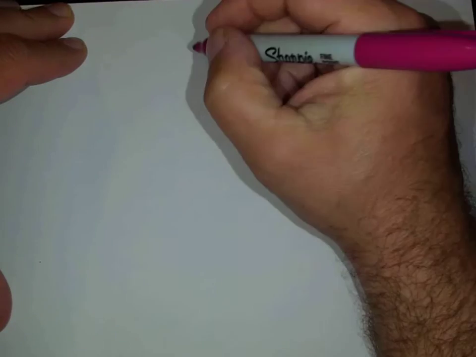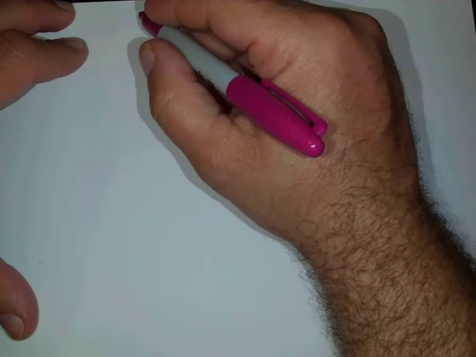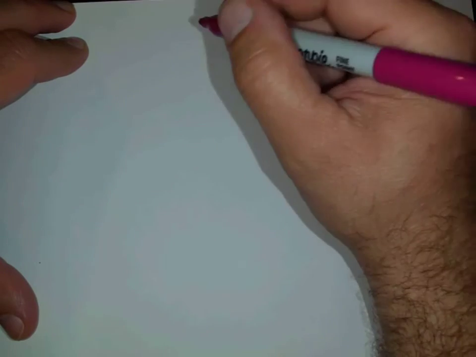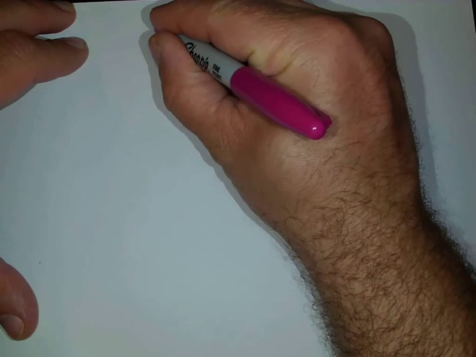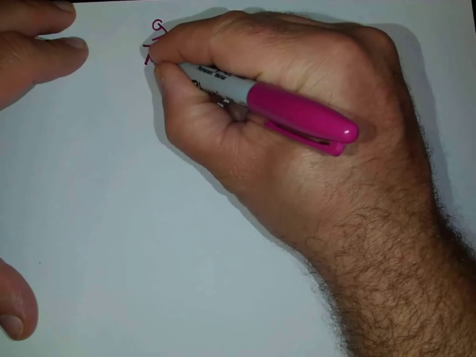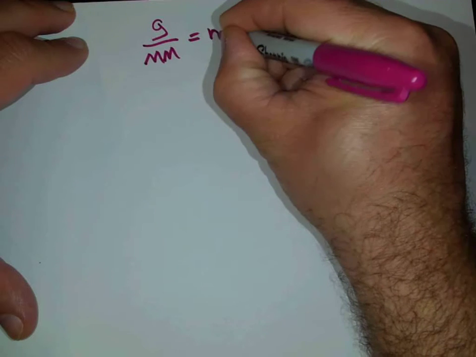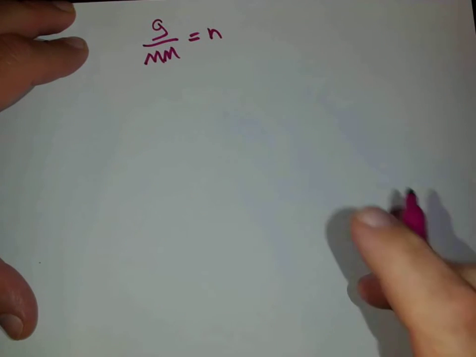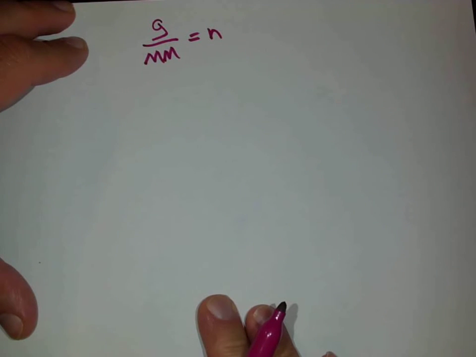All right, so I'm just going to talk for a couple minutes about some derivations, some other questions you might see off the ideal gas law. Now, since we're dealing with moles, when we convert from grams to moles, we are essentially taking the mass of whatever that is in grams and dividing it by the molar mass. So that's always going to equal the number of moles, or n.